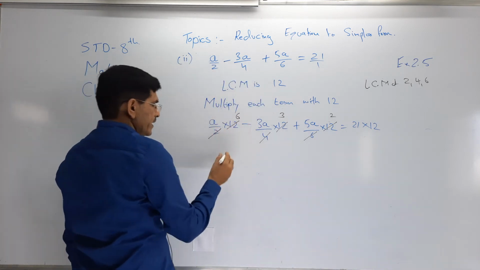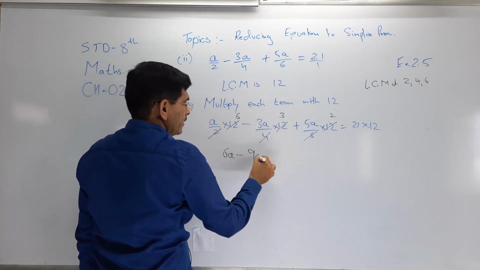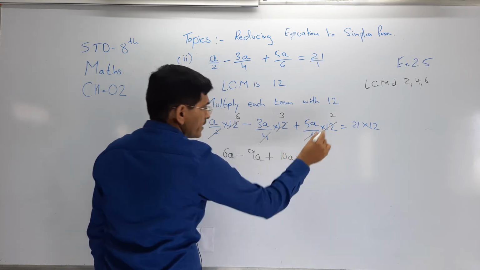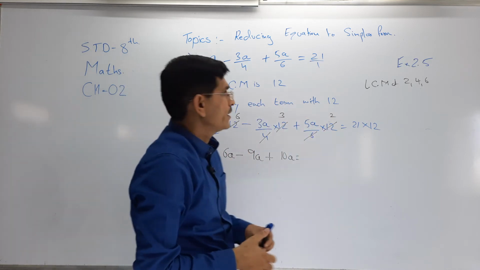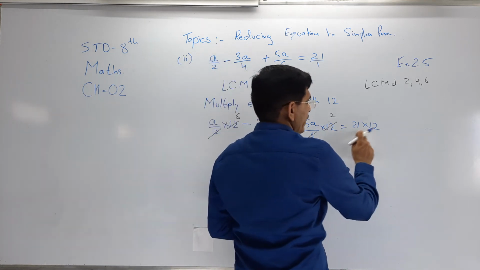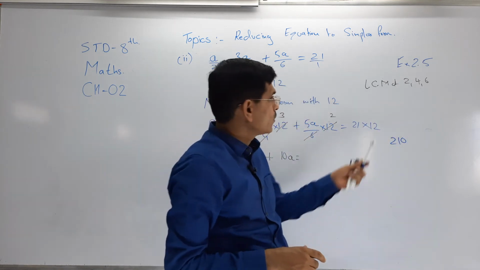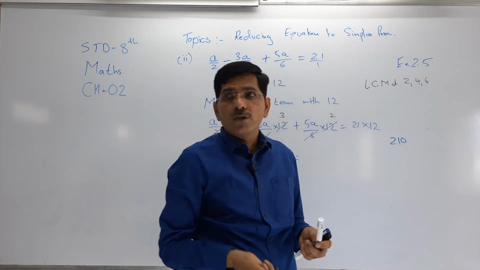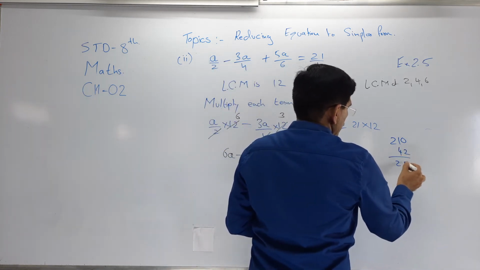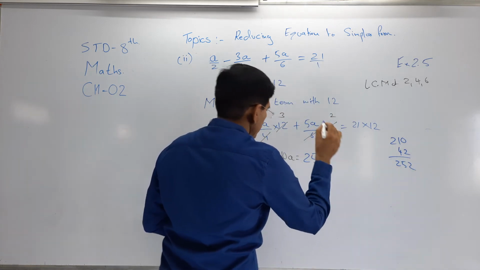Now 6 into a, that is 6a, 3 3s are 9a, 5 2s are 10a is equal to 21 into 12. 21 10s are 210, 21 2s are 42, so that is 252.